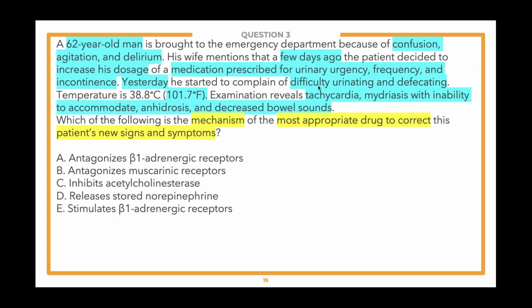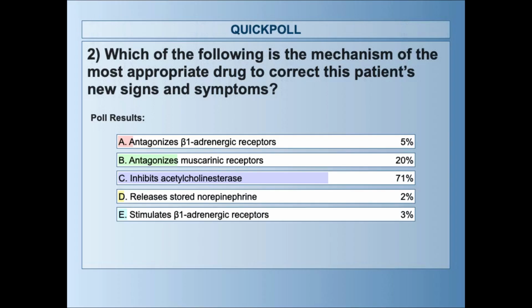The answer choice C, inhibits acetylcholinesterase, was a runaway in terms of votes. About 1 out of 5 of you went with antagonizes muscarinic receptors. So we're going to hide the results and reveal what the answer is.